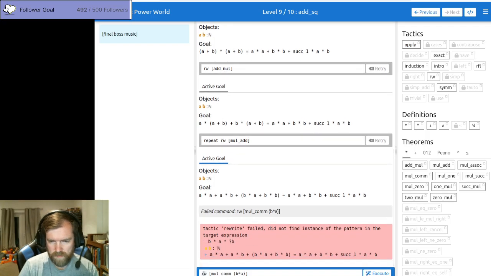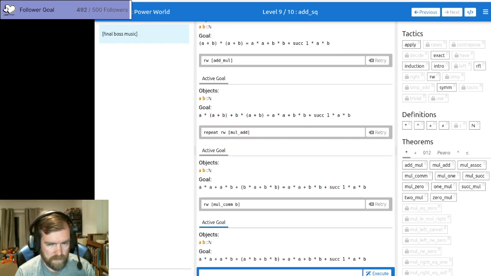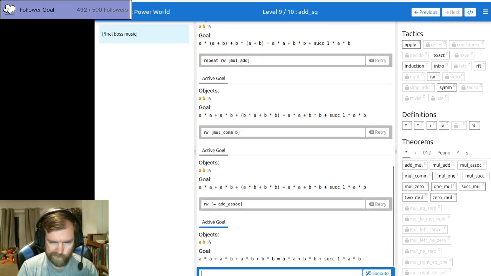No. Multiplicative commutativity of b. Alright, now it's all in order of a times b, so that's good. We need a rewrite left of... nope, additive. Nope. Yeah, additive associativity. Okay.